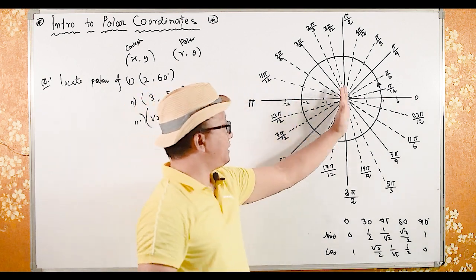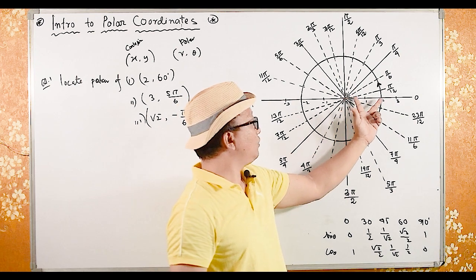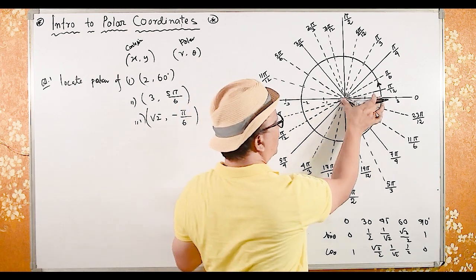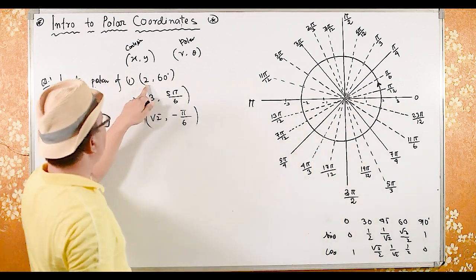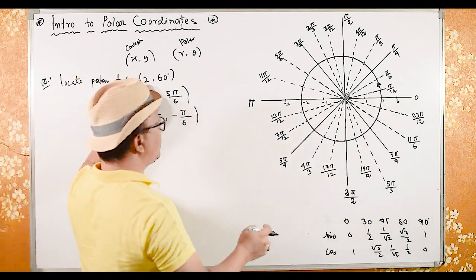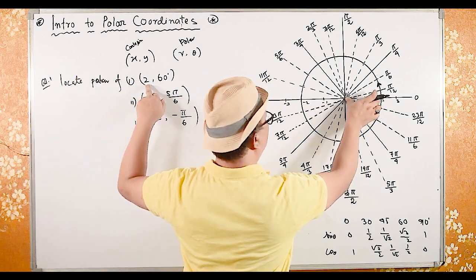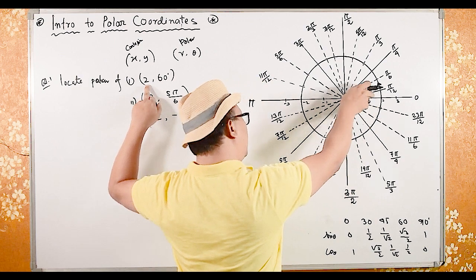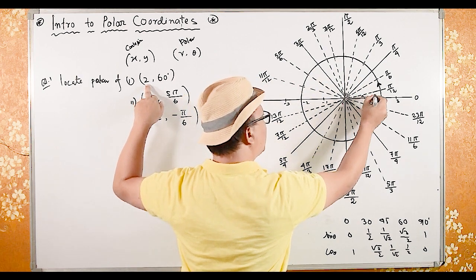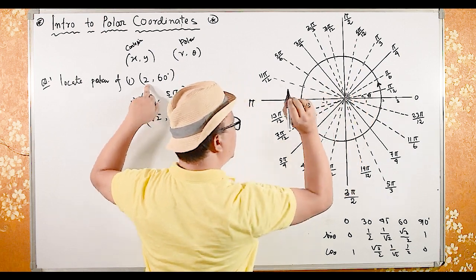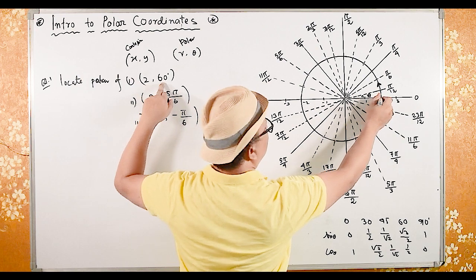R equals 1 is a unit circle, r equals 2 means from here to here, r equals 3 means this. Now r equals 2 is this. If you rotate like this, anti-clockwise, then we consider theta in this way. From 2, rotate until you have 60 degrees.